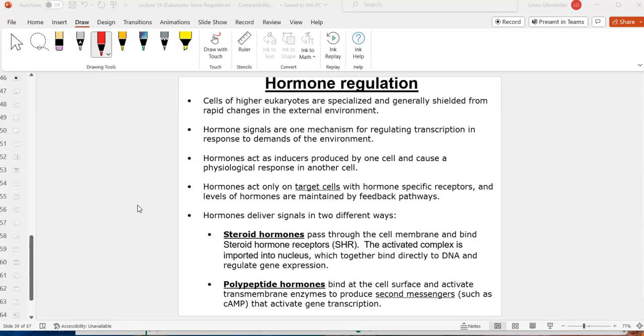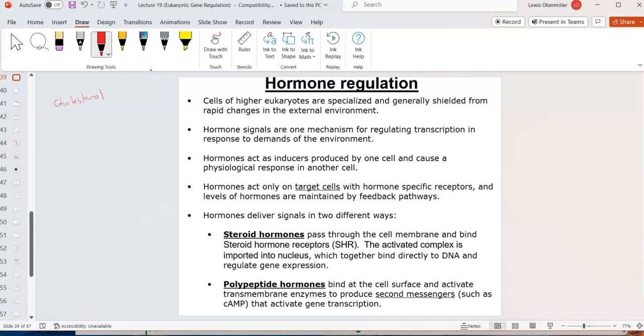Hopefully you know already from your intro biology class that steroid hormones are made from cholesterol, and that means that they're lipids, and so they're hydrophobic, and that means they can pass through the bilayer without a transmembrane protein.